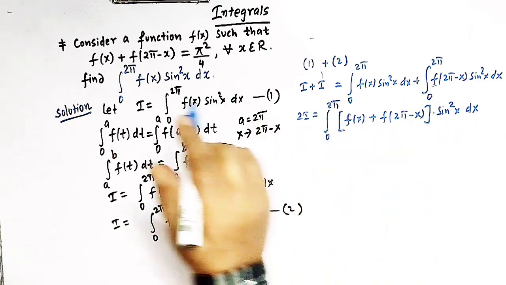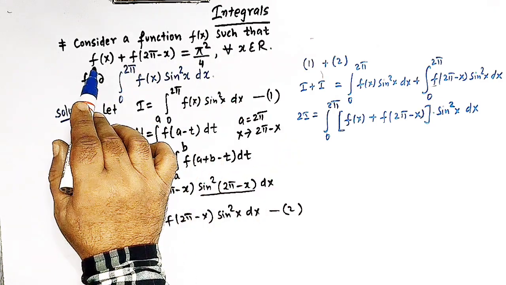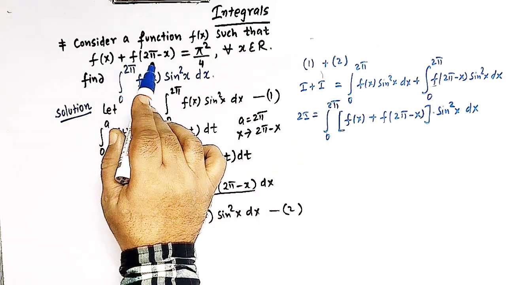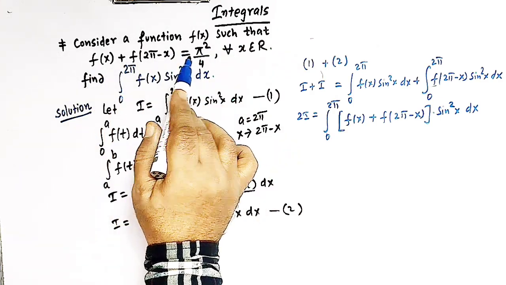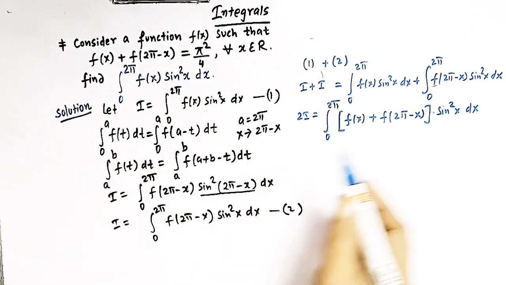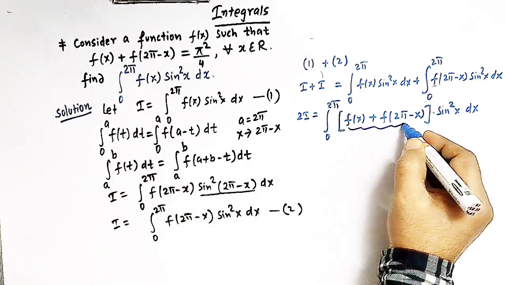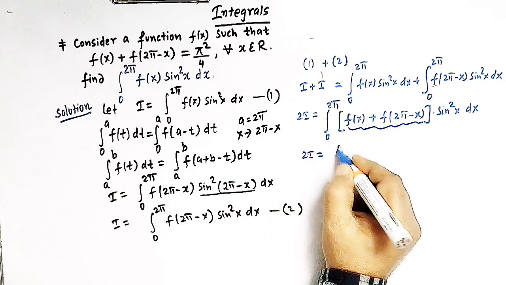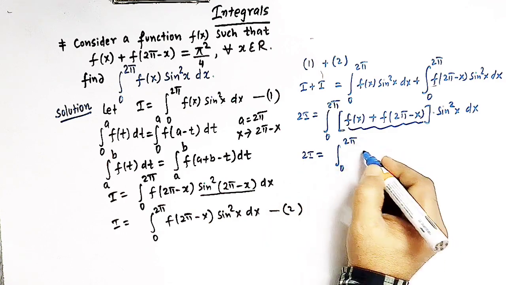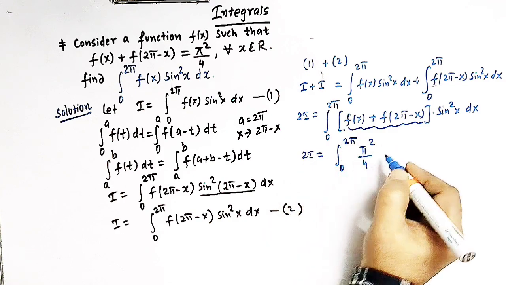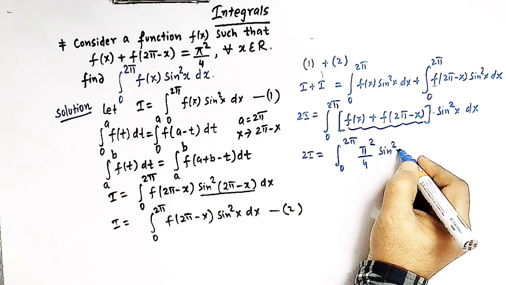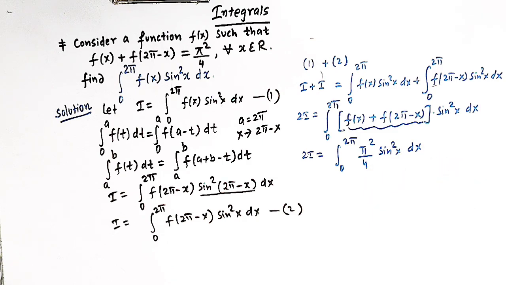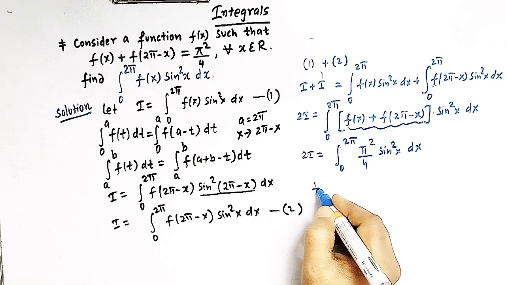Now see, we are given in the problem that f of x plus f of 2 pi minus x is equal to pi square over 4. So let us replace this quantity by pi square over 4. So we have 2I equals the integral from 0 to 2 pi of pi square over 4 sine square x dx, right?